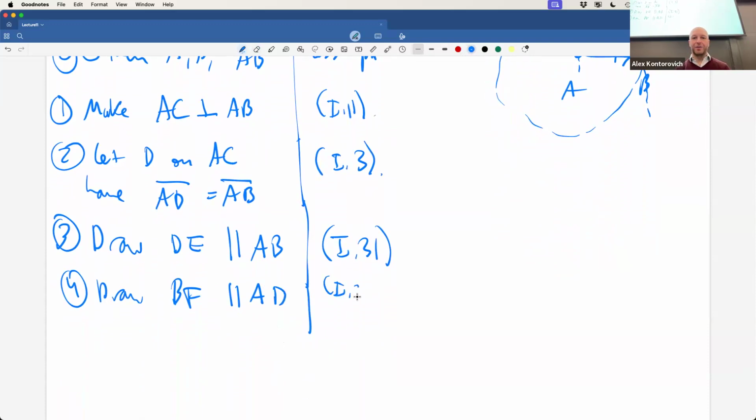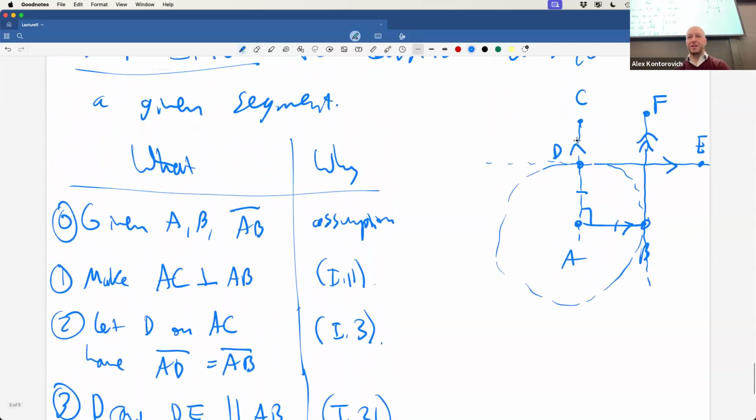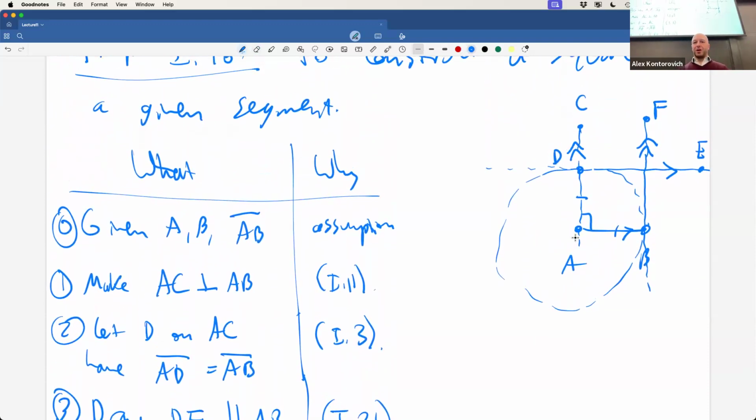And again, this is I-31. Does it make sense? So once we've drawn one right angle, then we draw a parallel line to AB through D and a parallel line to AD through B.